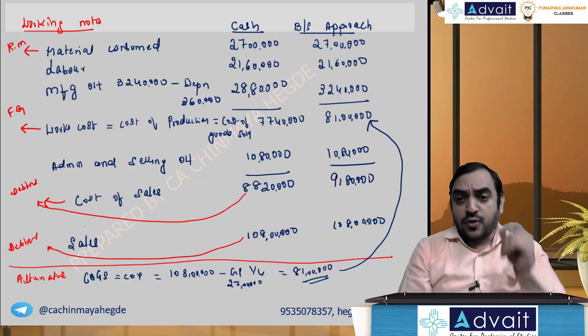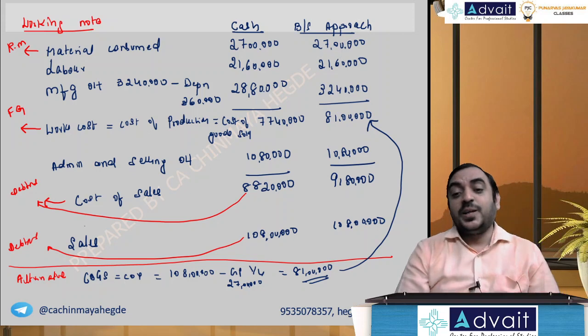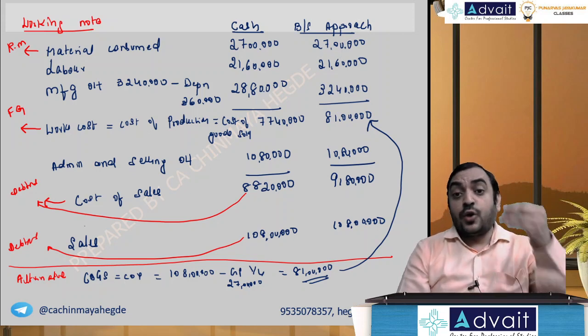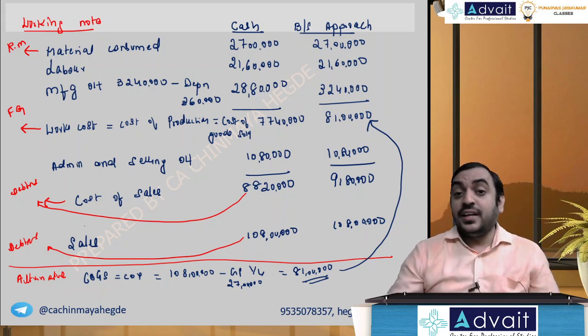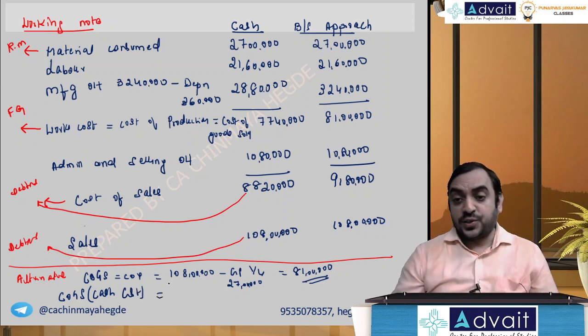But I would like to do one adjustment for this, for me to get the cash cost. What is that? This includes depreciation. So from this cost of production, if I want cash cost approach, I should eliminate depreciation. So cost of goods sold or cost of production, cash cost, you have to eliminate depreciation.